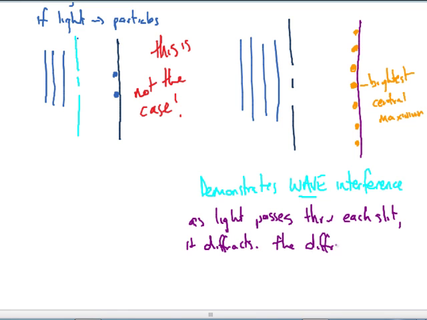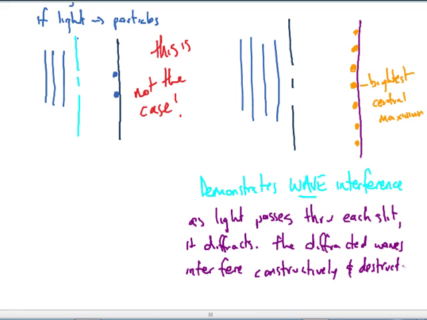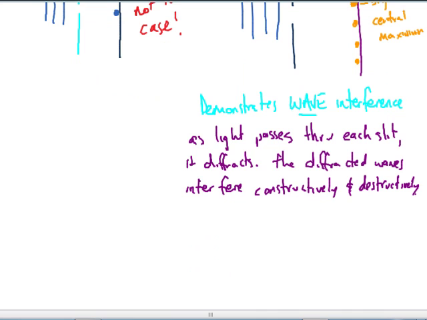The diffracted waves interfere constructively and destructively to create antinodes and nodes on the screen respectively.